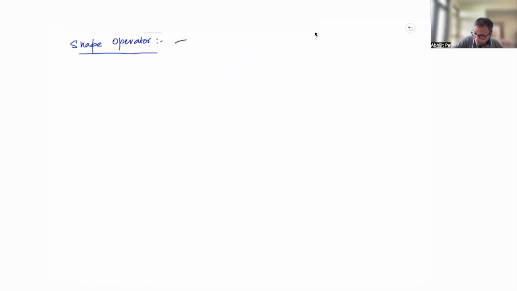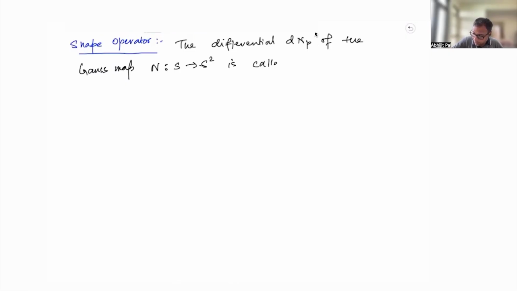The differential dNP of the Gauss map N from S to S2 is called the shape operator. Okay.